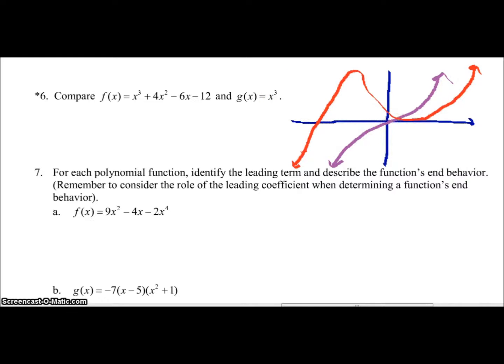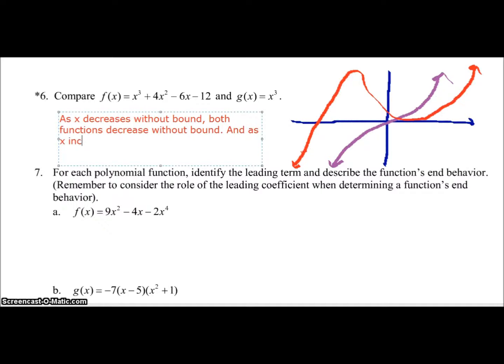Notice that in the middle they look totally different. This one has like a relative maximum here, but x cubed just increases forever. But notice as x decreases without bound, like as x goes to negative infinity, both functions decrease without bound.